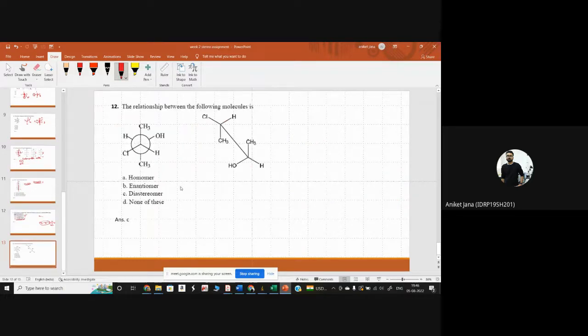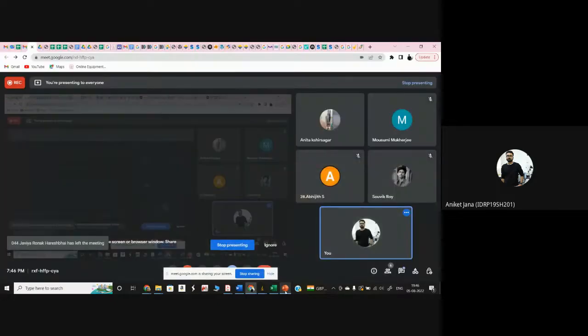So now the last one. How can we see the relationship? Homomer, enantiomer, diastereomer, or none of these? Tell me. Diastereomer.